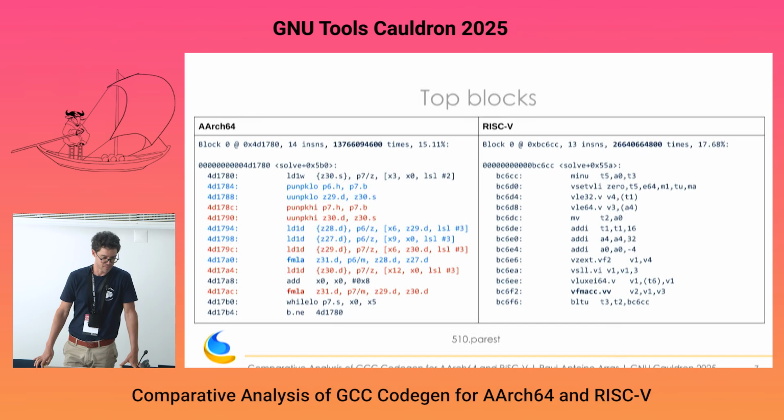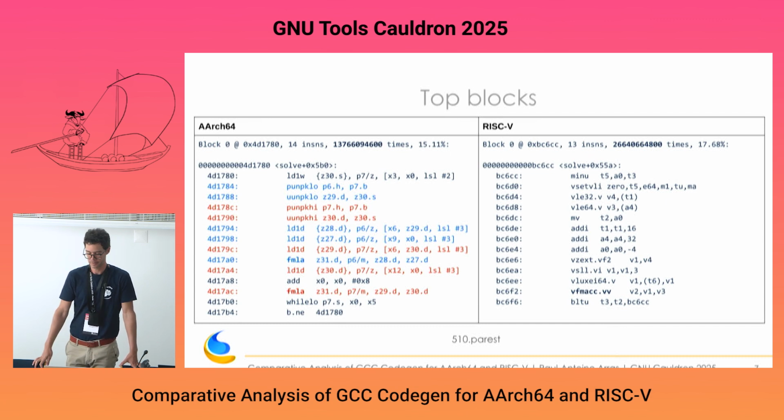Here the analysis is pretty simple. You get more or less the same instructions, but if you look at the number of times each of those basic blocks is run, you can see that RISC-V runs it exactly twice as much as AArch64, and that's because AArch64 unrolls the loop. So this is actually the body of the loop.